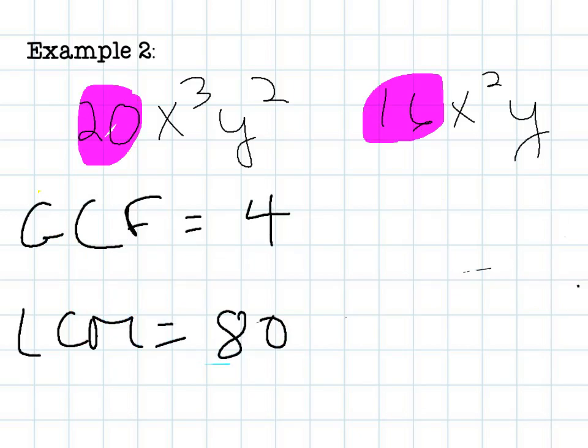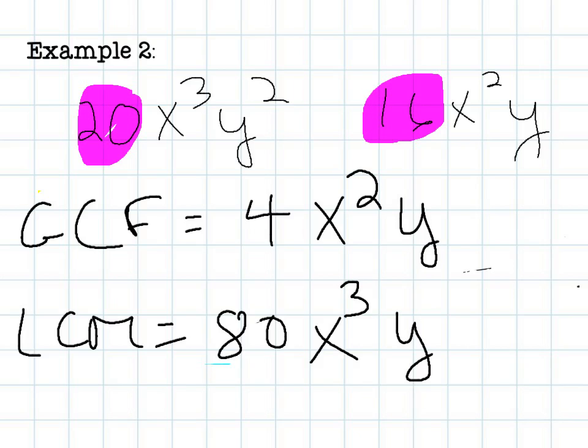Okay, now let's move on and do the variables. Well, we have x cubed and x squared, so we know it's going to have an x in each one. Well, GCF says it wants the fewest powers. Well, the fewest is 2. And LCM means it wants the most, so 3 is the most. Now let's move on to the y's. Bring your y's down.